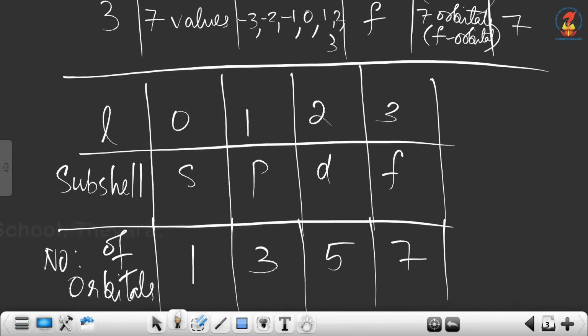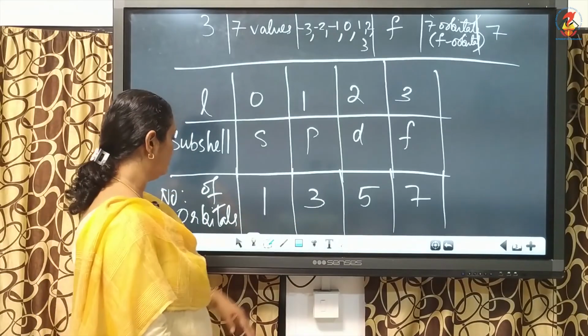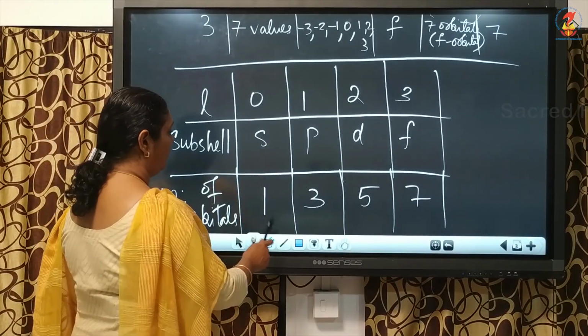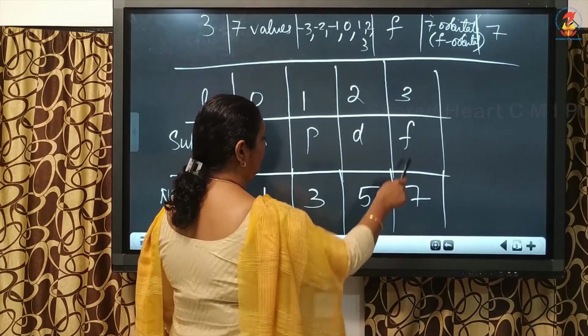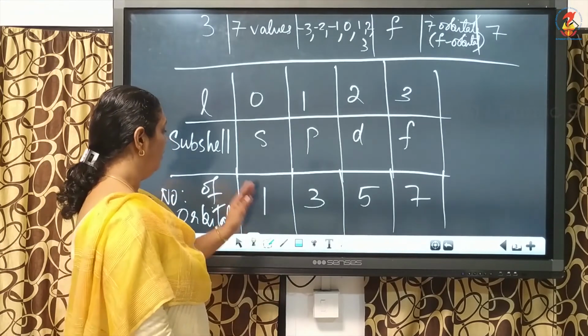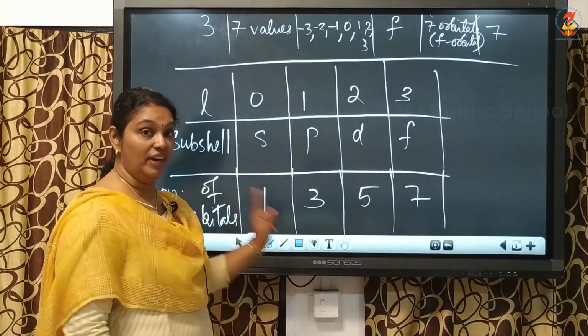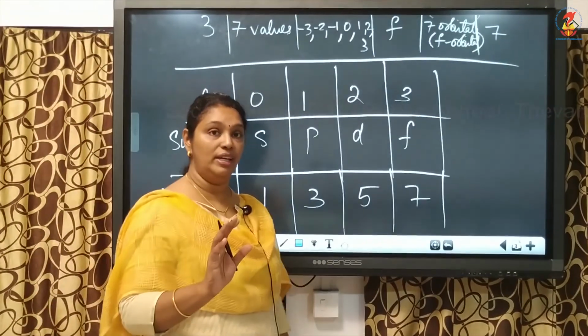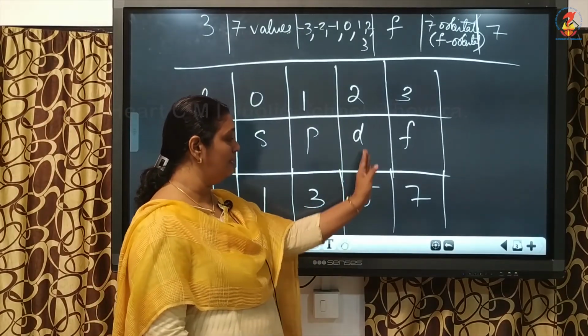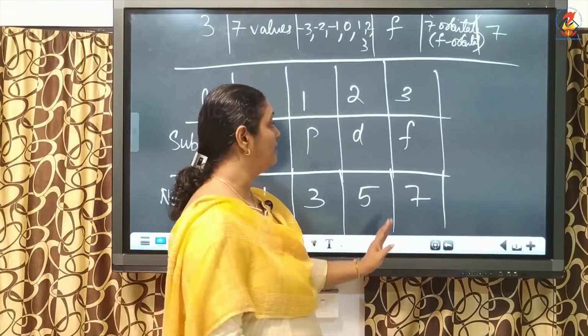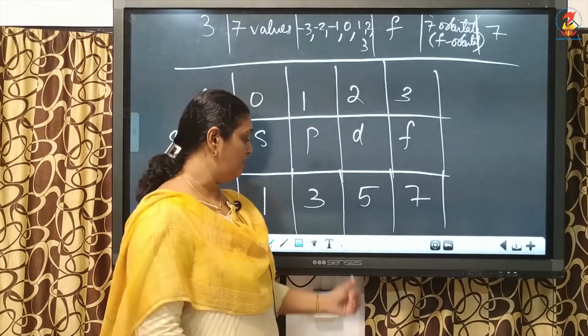So, in this table, if you know the L value, you can write the name of the subshell and also predict the number of orbitals. The number of orbitals in the S subshell is 1, in the P subshell is 3, D subshell 5, F subshell 7. So an S orbital can have only one orientation because the number of orientations is equal to the number of orbitals. P has 3 orientations, D has 5 orientations, and F has 7 orientations.